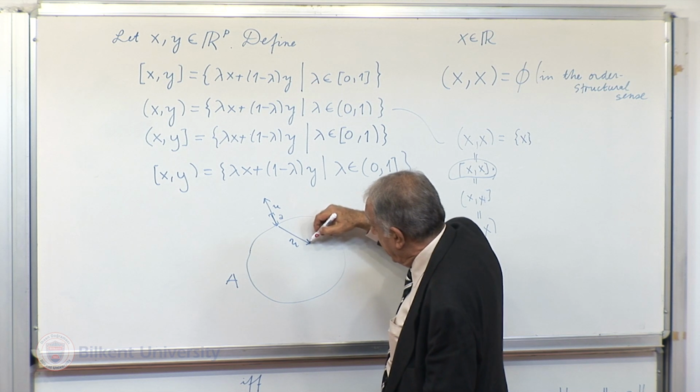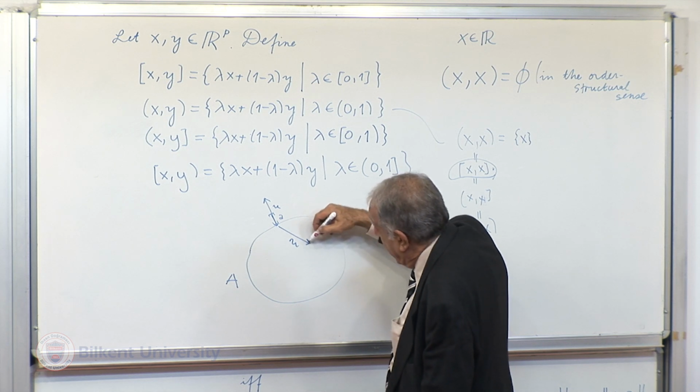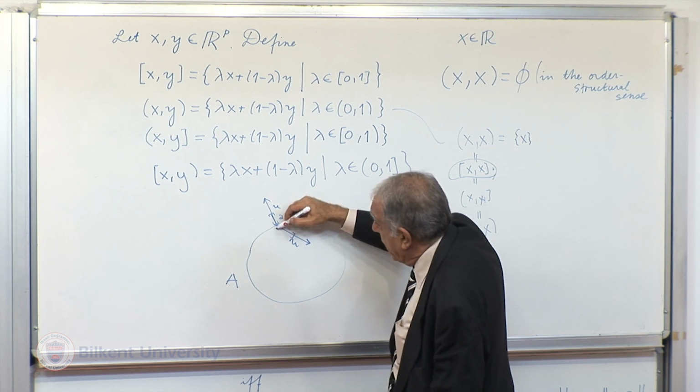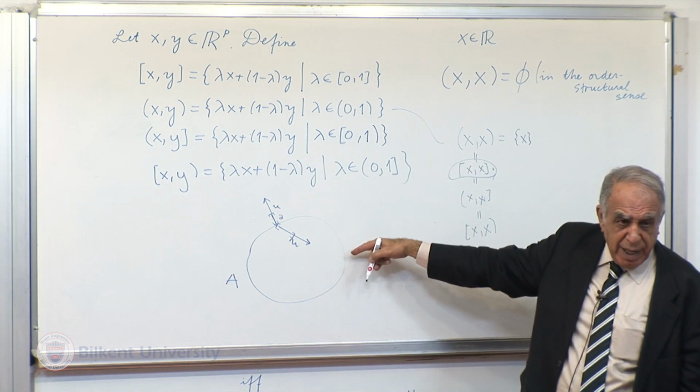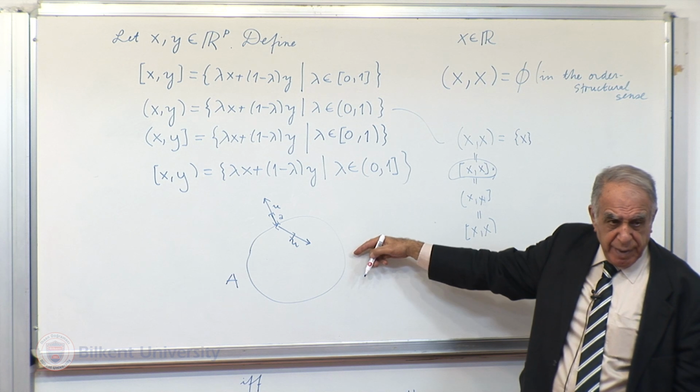However, here, I can choose delta small enough so that this line segment stays entirely within here.